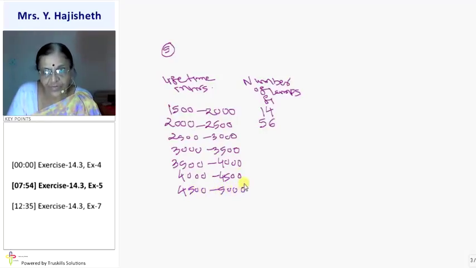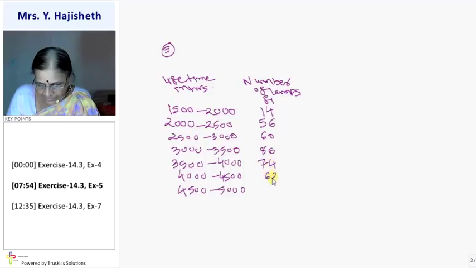And the corresponding frequencies are 60, 86, 74, 62 and 48. My sigma fi is given as 400.